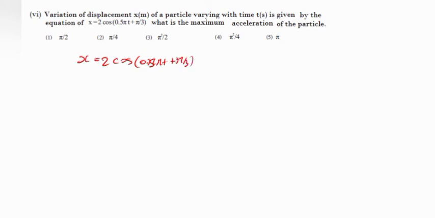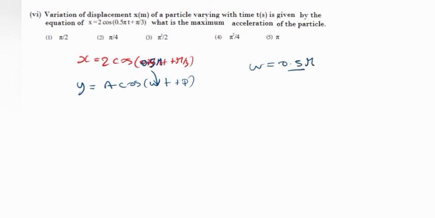I told you there's a sine cycle as well. The equation is like y equals a cos of omega t plus phi, nothing else. So this omega is equal to 0.5 pi. We know that omega equals 0.5 pi.